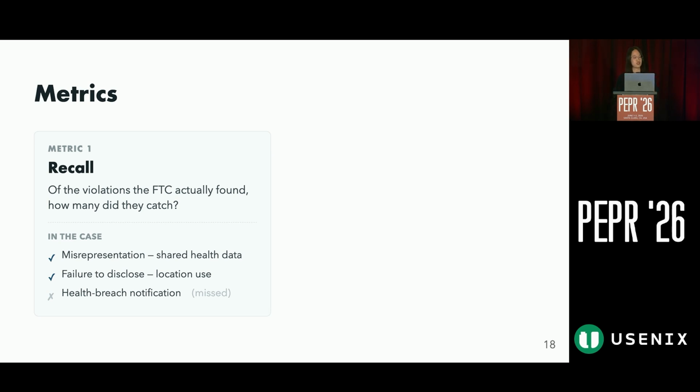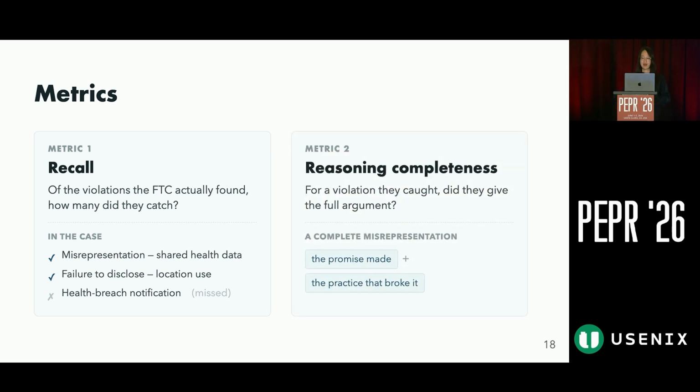We use two metrics. The first one is recall: among all the violations the FTC alleged, how many did they actually catch? The second one is reasoning completeness: for a violation that they caught, did they offer a full argument that includes all the cited facts?